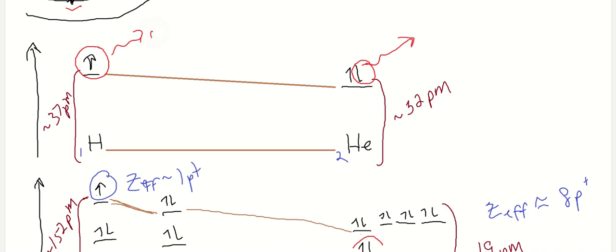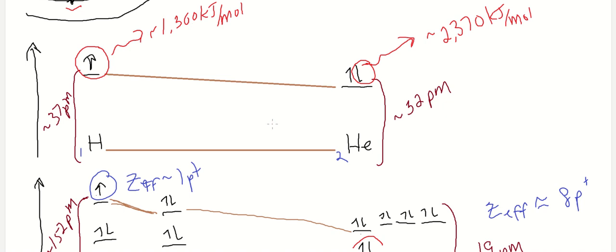So it's going to take about 1,300 kilojoules per mole of energy to ionize hydrogen's 1 valence electron, versus about double that, about 2,370 kilojoules per mole, to ionize one of helium's valence electrons.